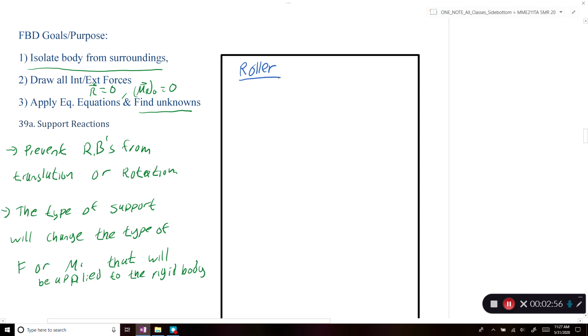So the roller support would be if you had a rigid body. All right, here's a rigid body, and underneath our rigid body we have a roller that makes contact with our rigid body. So this is our support.